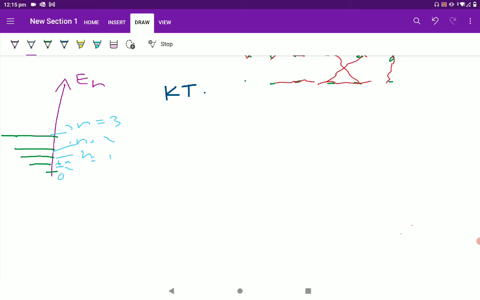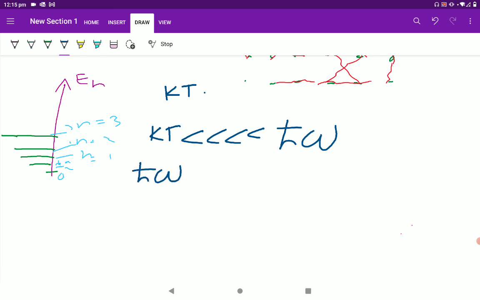If the average energy of the quantum oscillator is very much less than the quantum energy, the system at 0 Kelvin is in the lowest level, that is the ground level. So we need h cross omega, that is a quantum of energy, to go to the first level.